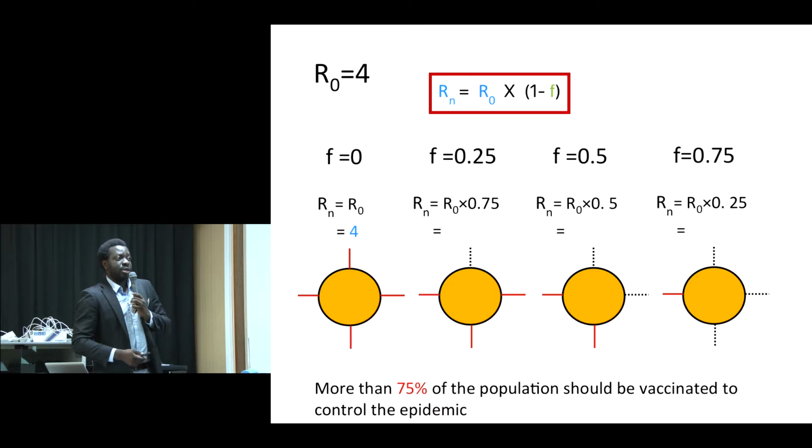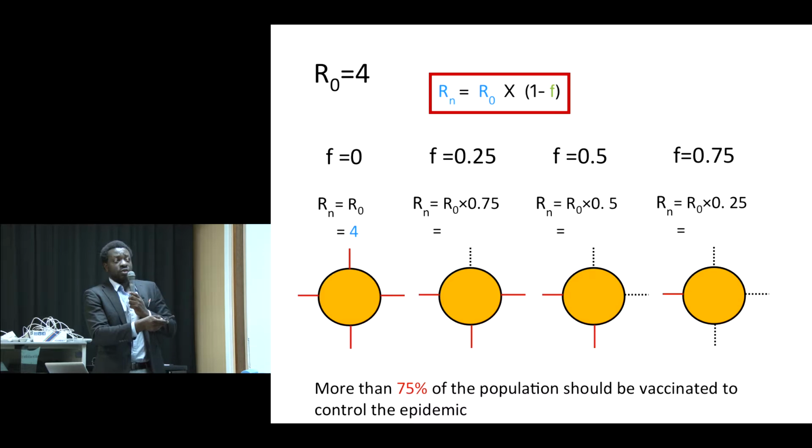Let's see some examples here to make it more realistic. For example, in this scenario here, R naught is 4. 4 means that you can transmit infection to 4 people.